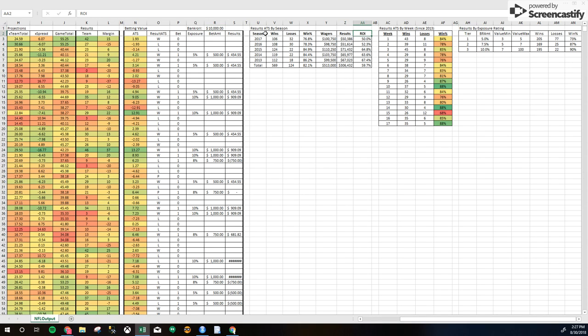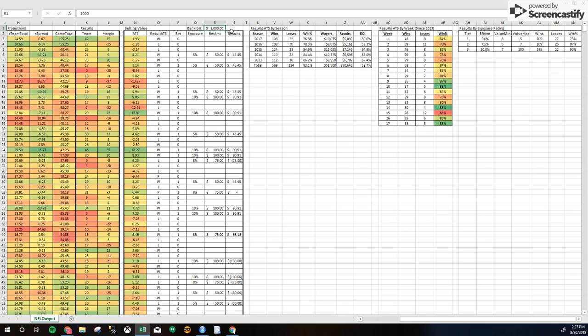But ROI is good here. Say we put this back to 1,000. During the season, you would have bet $10,000 at 5 and 10% at a time, and you would have made $5,000 with 50% ROI, which is awesome.